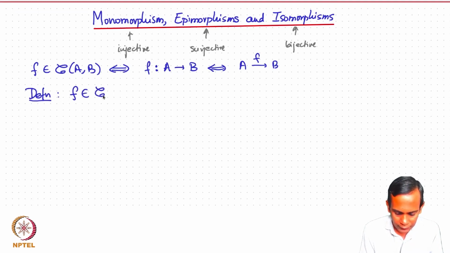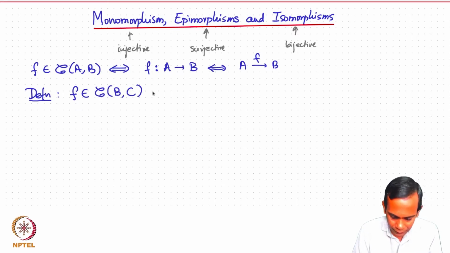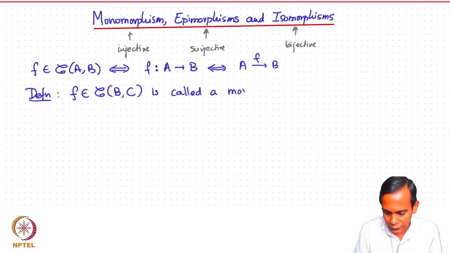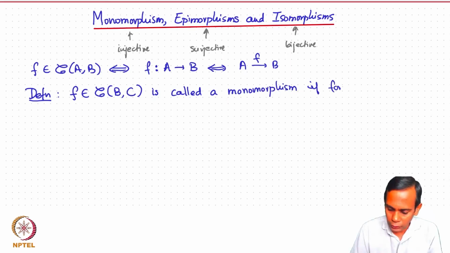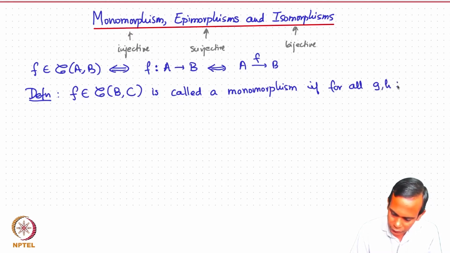An arrow f in a category from an object B to an object C is called a monomorphism if for all objects A in the category C, and arrows, let's say g, h from A to B in C, we have that f circle g equals f circle h implies that g is equal to h.